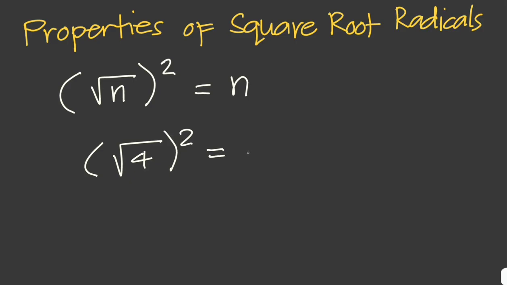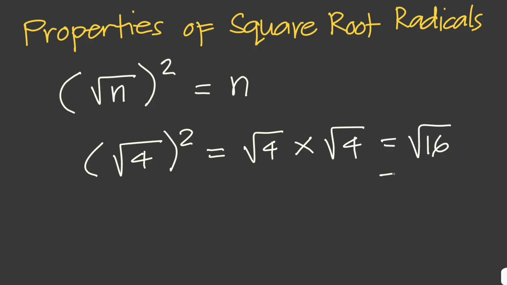We can write this as the square root of 4 times the square root of 4, which is just equal to the square root of 16. And this would give us an answer equal to 4, because the square root of 16 equals 4. Or you can just simply get rid of the radical and the exponent 2 here. Then you get the answer that is equal to 4.